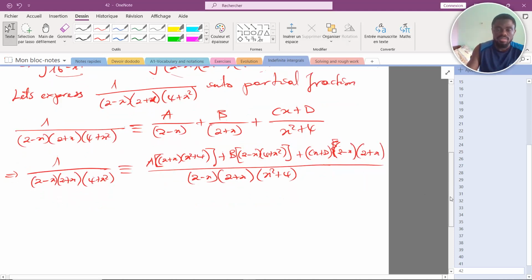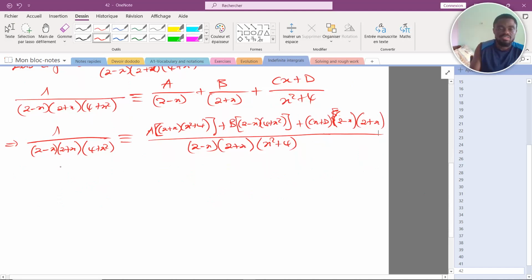Now for this fraction to be identical to this fraction, the numerator must be equal to this numerator and the denominator equal to the denominator. But the denominator is already equal, so the only condition is for this to be equal to the whole of this.